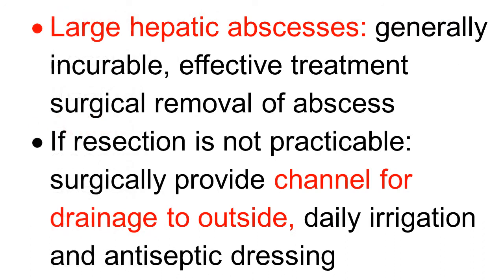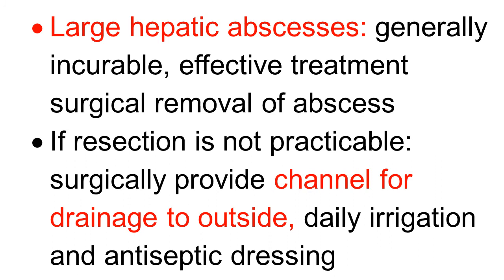Sometimes a large hepatic abscess is observed. This is generally incurable. It is so large that it occupies half of the liver area. In such cases, the effective treatment of hepatic abscess is surgical removal of the abscess.